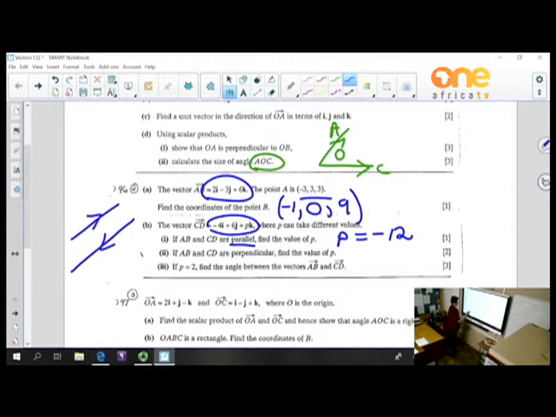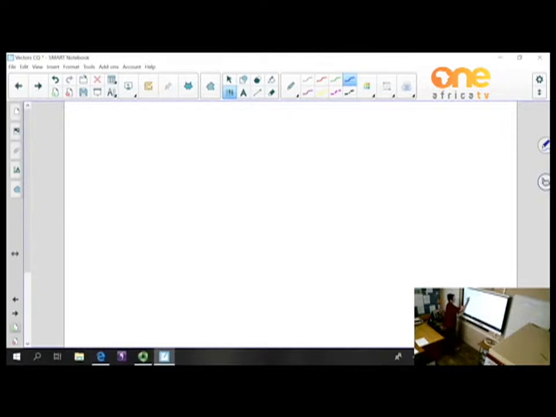Now the next question is when they are perpendicular. What happens if they are perpendicular? So this is now question 2, B2. And they will be perpendicular if what? We said if A dot B is equal to 0, then they will be perpendicular. So that's how we're going to find P: A dot B is 0.